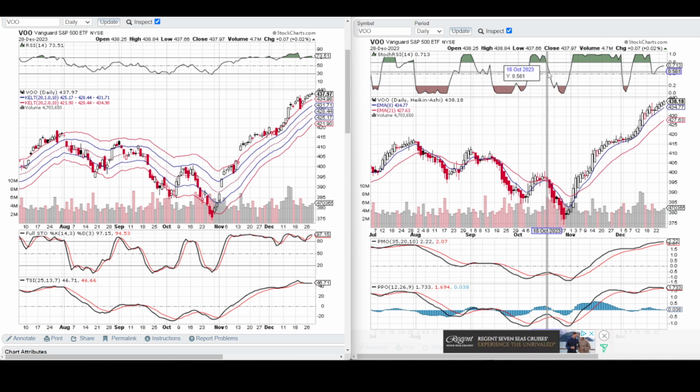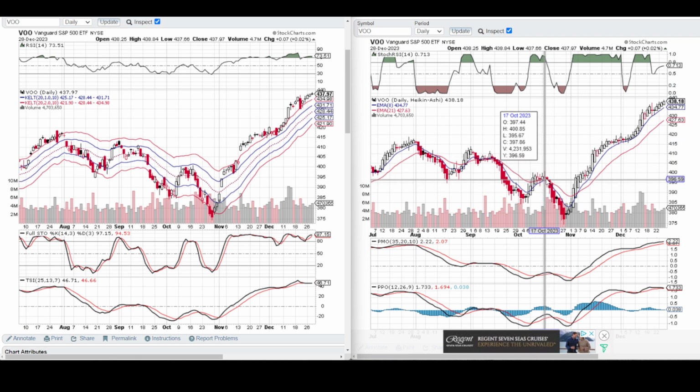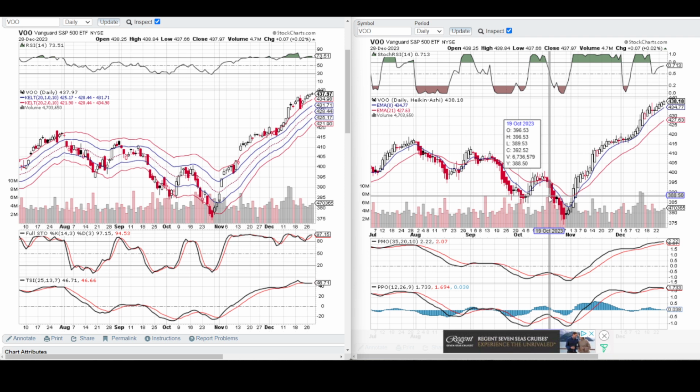So on the stochastic RSI, you can see that the chart started going downward right there on October 18th. Okay, we already saw the candlestick here after the red doji, and then it went down. Okay, the PMO, you can see that the black, maybe a couple days later, crossed downward here.